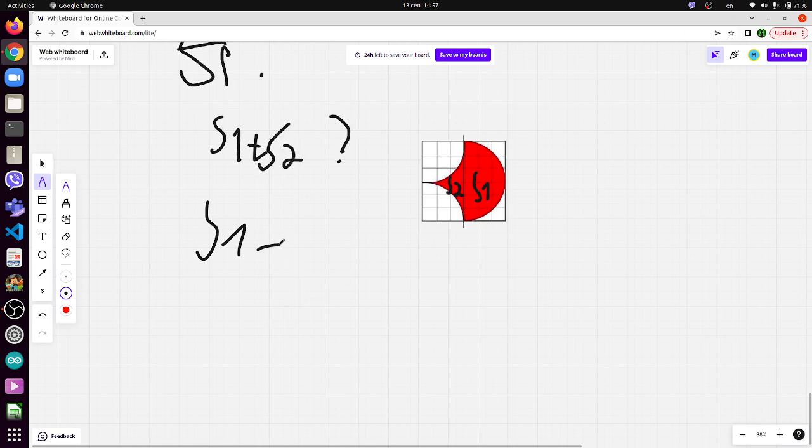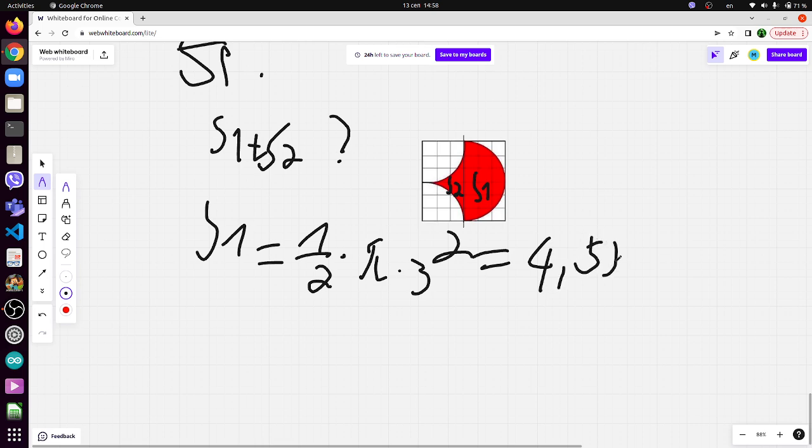S1 is 1/2, because it's again a half circle. The radius is 1, 2, 3, so it's 3. So it's 1/2 times pi times 3 squared, which is 4.5 pi. And S2 is a little more difficult, because we need to add the pieces S3 and S4.